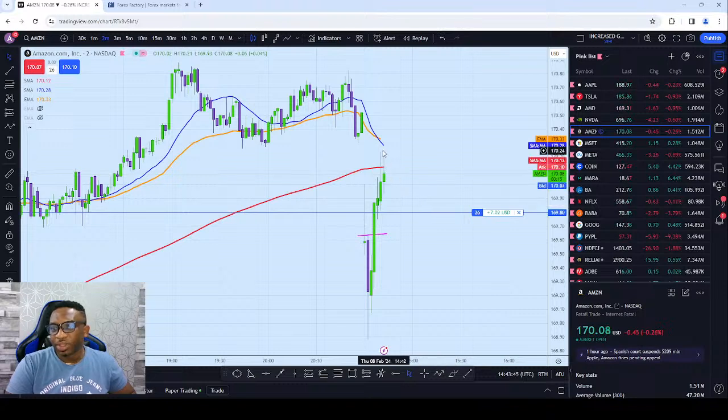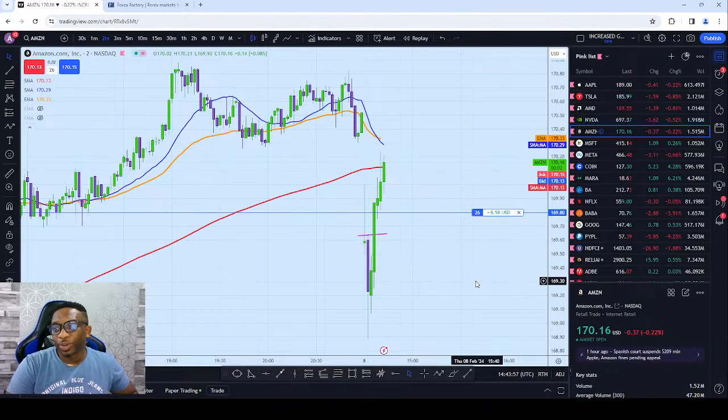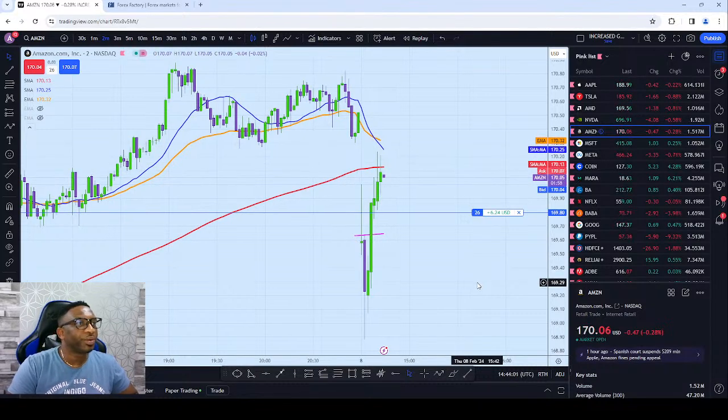Let's see the Amazon one. Yeah, so in the profits, Amazon, we are in profit. It actually went up to this high and then is pulling back a bit.